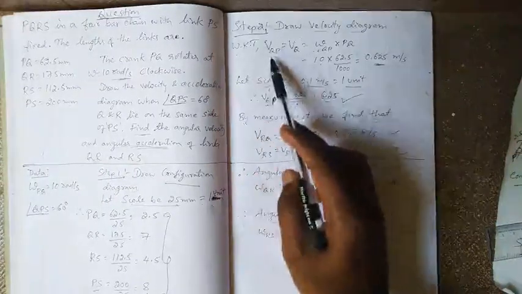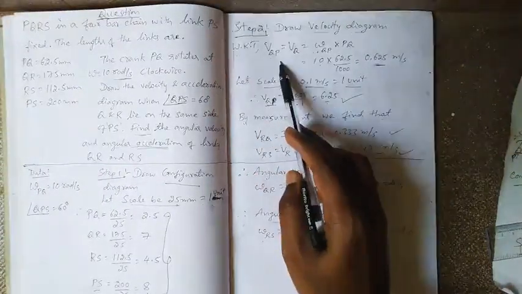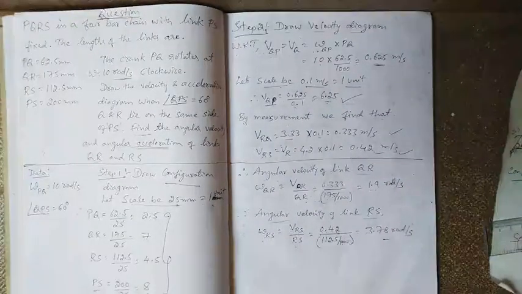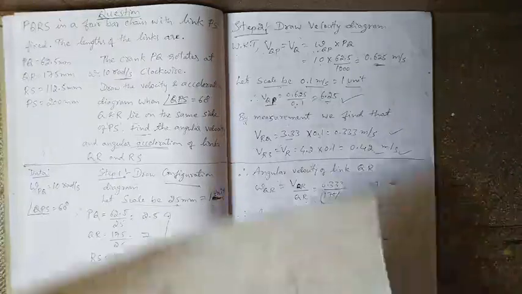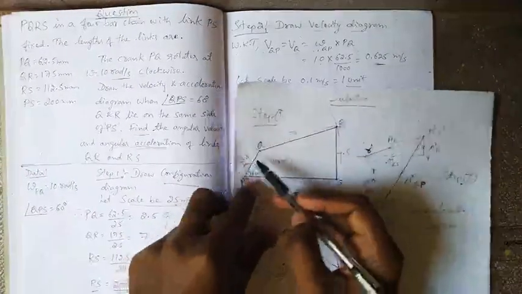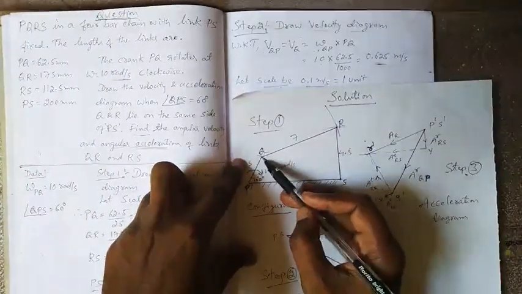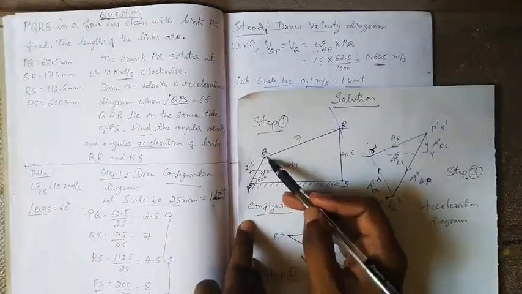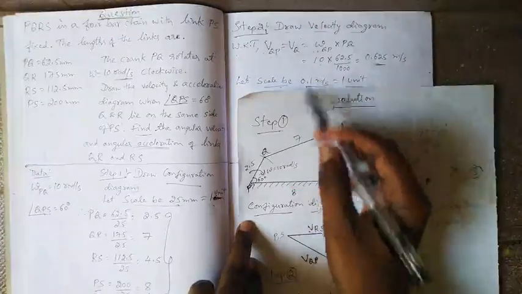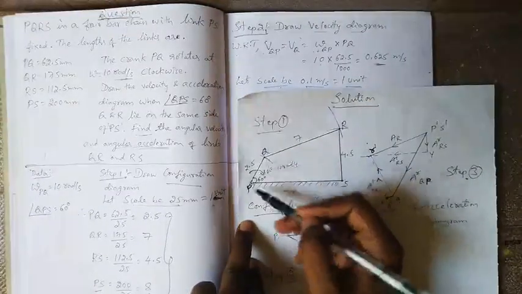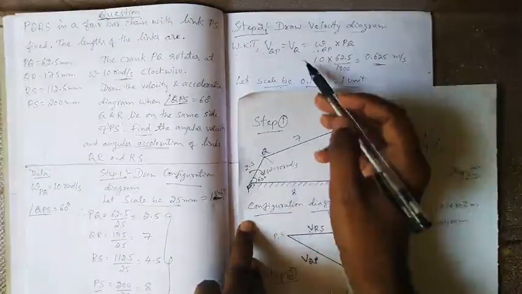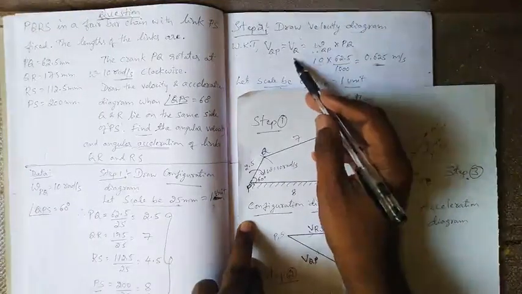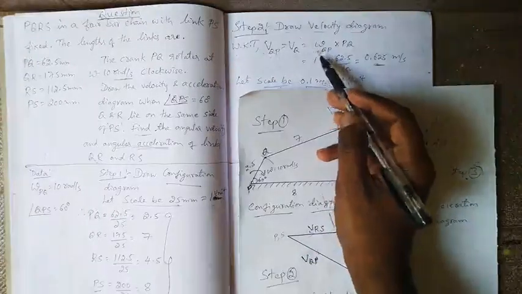So we know the velocity of Q with respect to P. Here in the diagram, the velocity of point Q with respect to P is going to be an absolute velocity, because it is the velocity of Q with respect to a fixed point.